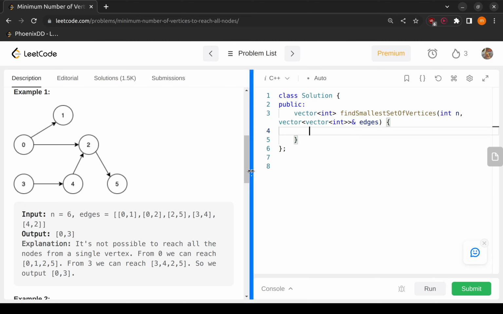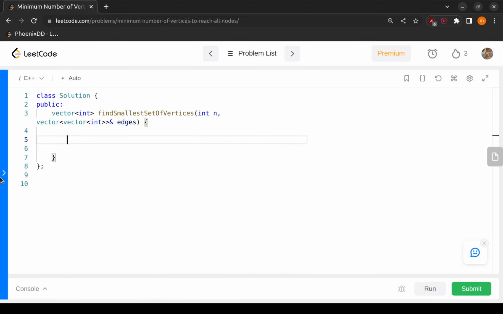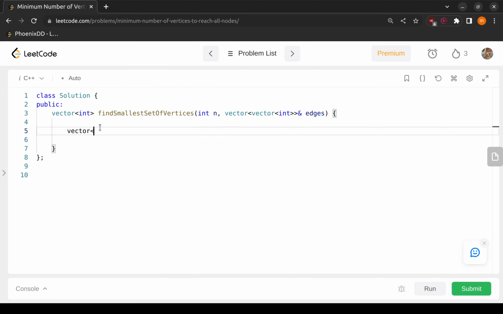So yeah, let's try to code this up. Oh, okay, I don't think we have to do all this.